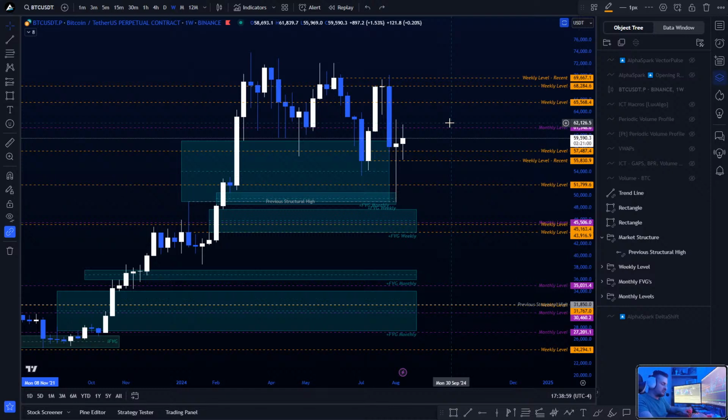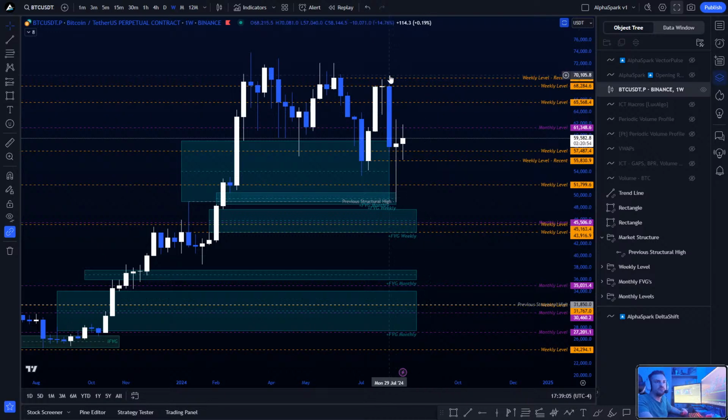That can give us a reason to potentially hit that high, 70k. I'm still a little bit bearish, but this might be a point of reversal. Anyway, let's continue.